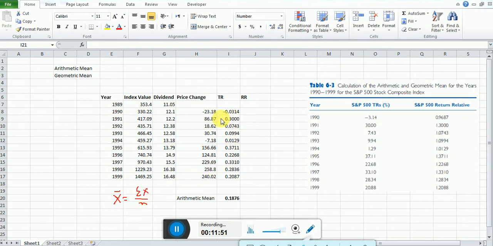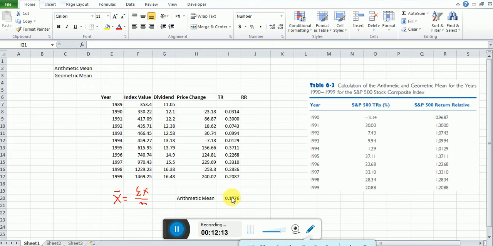Here the number we have is 10, from 1990 to 1999 we have 10 years, and that is 0.1876.